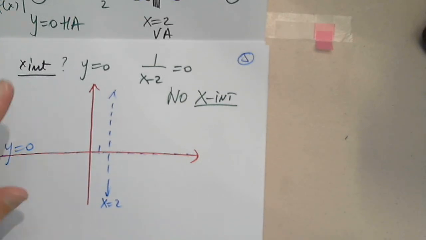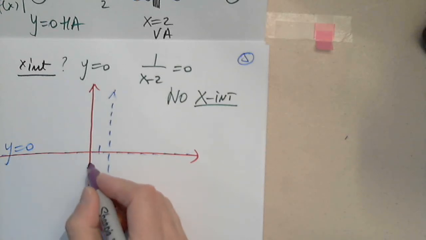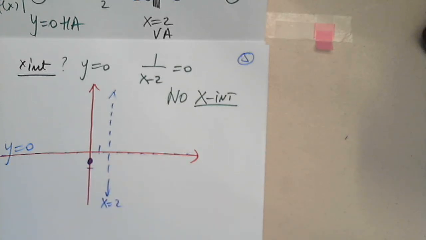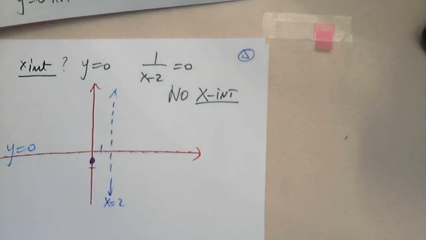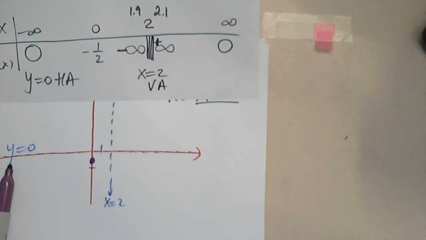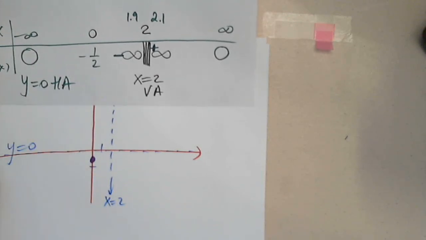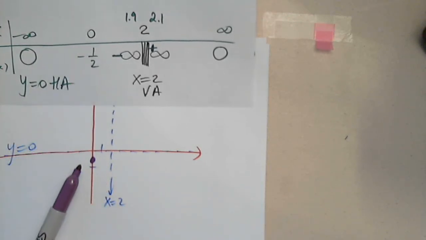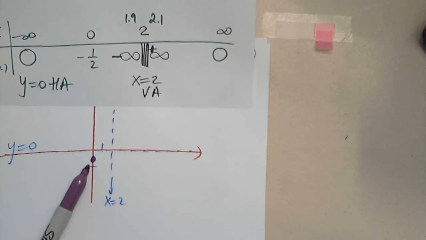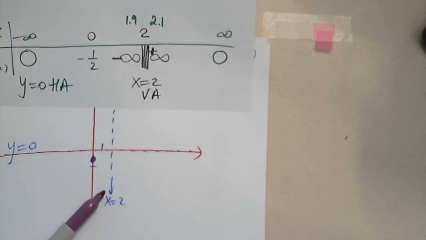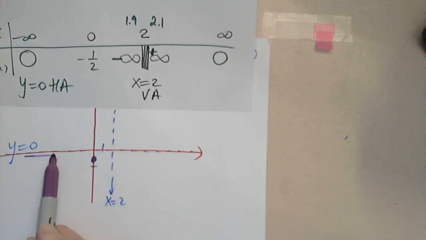I will plot the point 0, -1/2. I'll just follow my table. The table says from approaching 0 at -infinity, crossing the y-axis at 0, -1/2, and then going to -infinity on the left-hand side of the vertical asymptote.